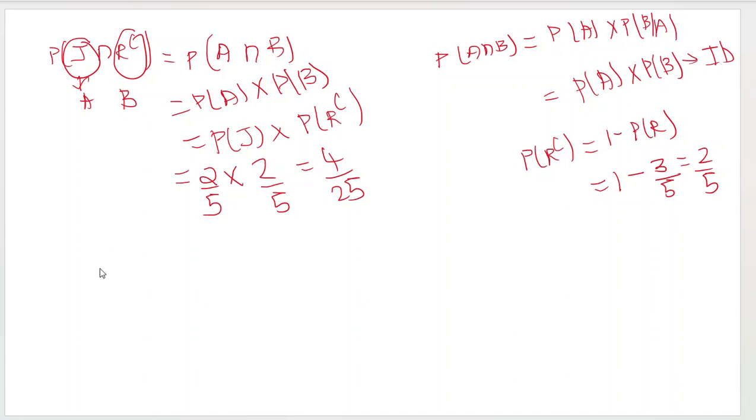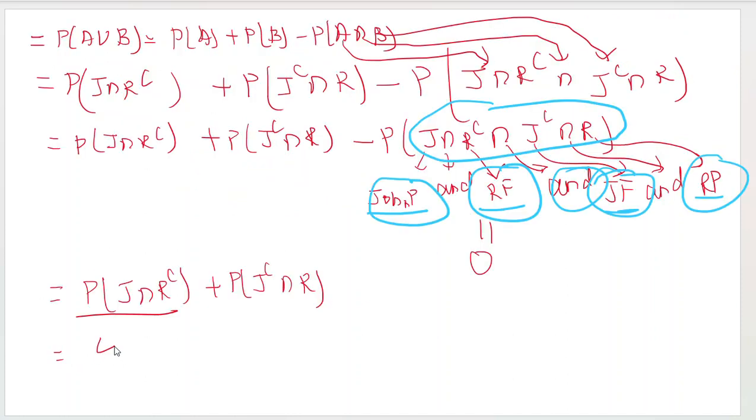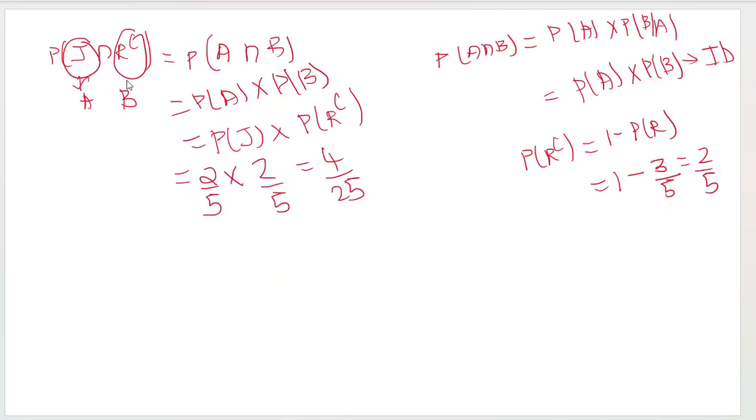So P of J intersection R complement is replaced by 4 by 25.